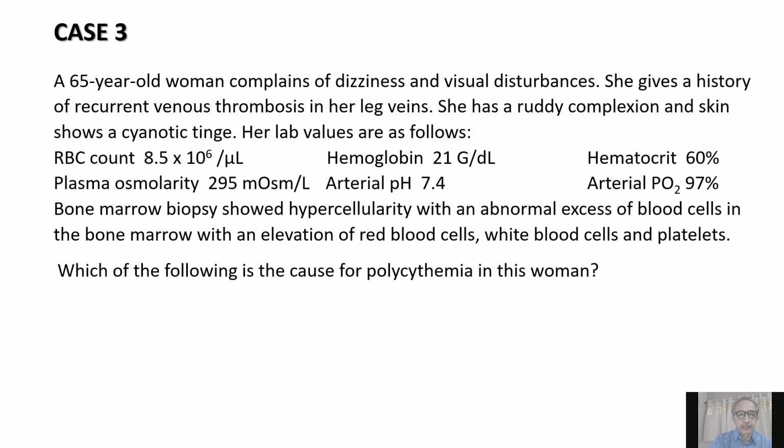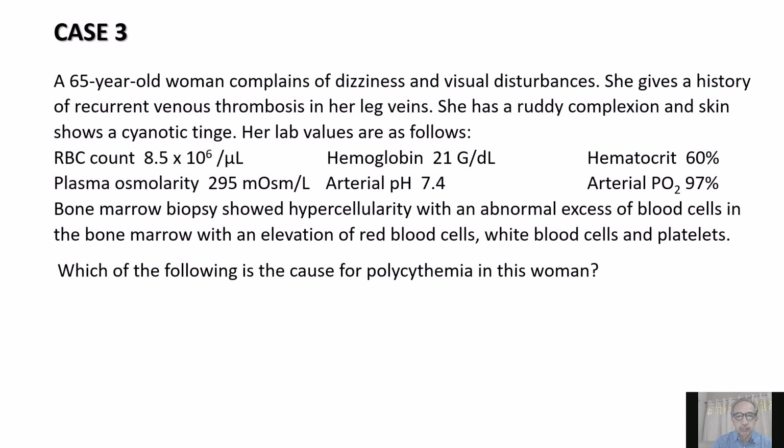Case 3. A 65-year-old woman complains of dizziness and visual disturbances. She gives a history of recurrent venous thrombosis in her leg veins. She has a ruddy complexion and skin shows cyanotic tinge. Lab values: RBC 8.5 million, hemoglobin 21 grams, hematocrit 60%, plasma osmolarity 295 milliosmoles per liter, arterial pH 7.4, arterial PO2 97%.